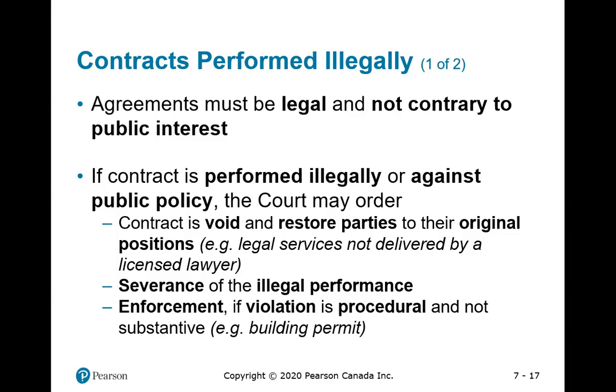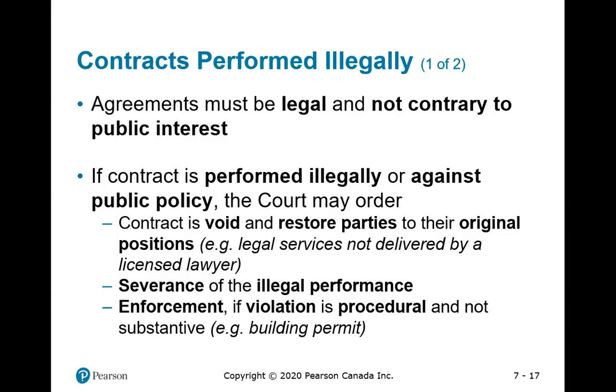But in the first example, the medical services, I have to go through 6, 8, 10 years of study to become a doctor. So it's virtually impossible to make that illegal performance legal. In those cases, courts will cancel the contract, make it void, and restore the parties to their original position.